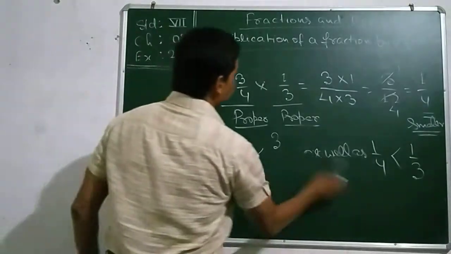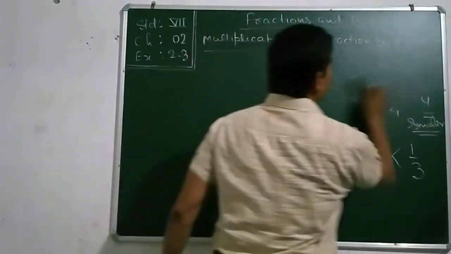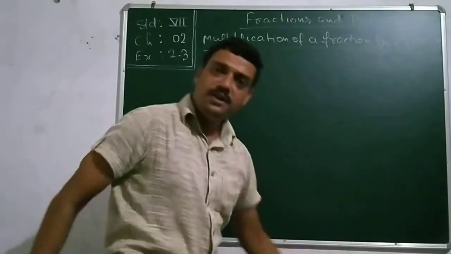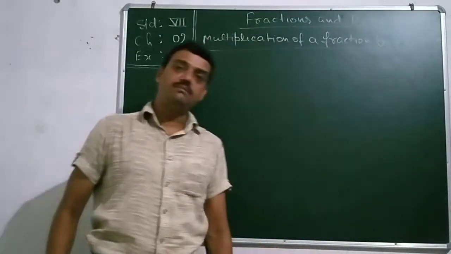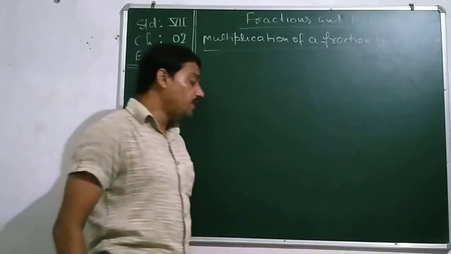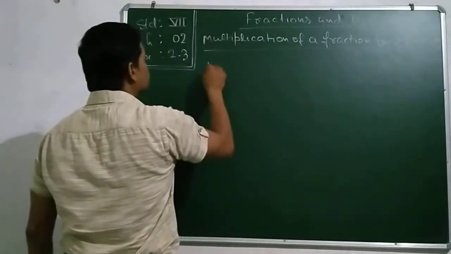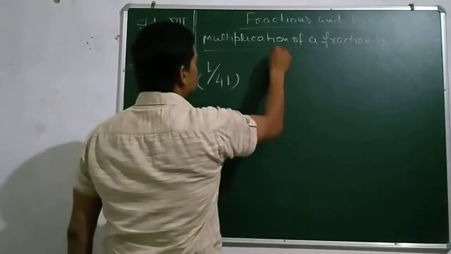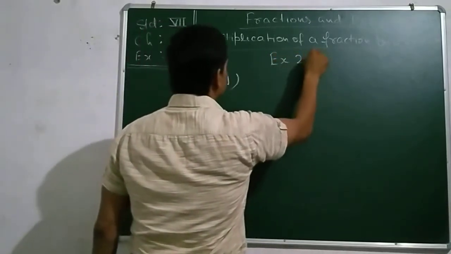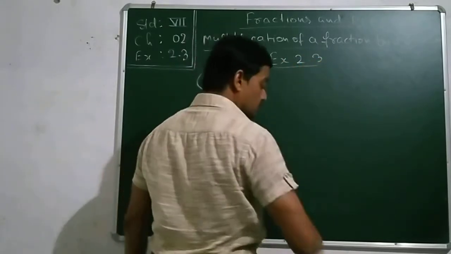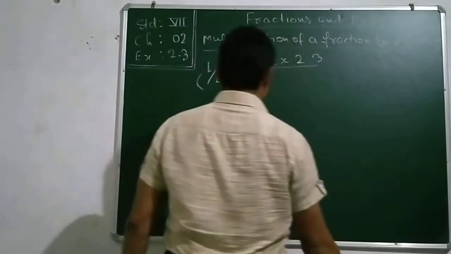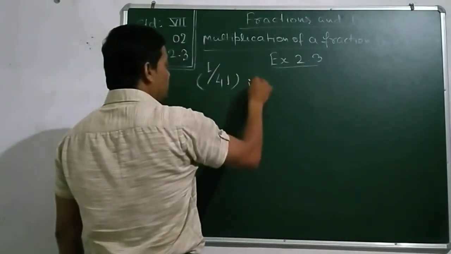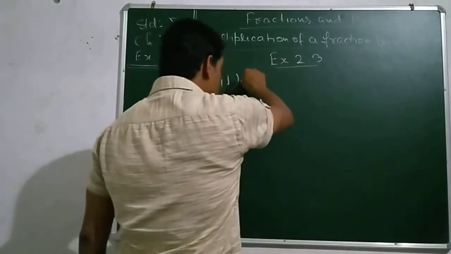Exercise 2.3. See, in exercise 2.3, I will explain several sums. After that, you will be able to solve the remaining sums yourself. Look at sum number one. Number one is divided into several parts.